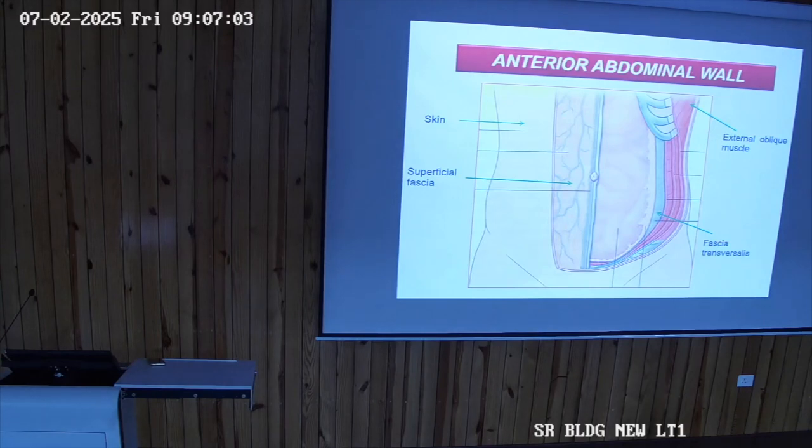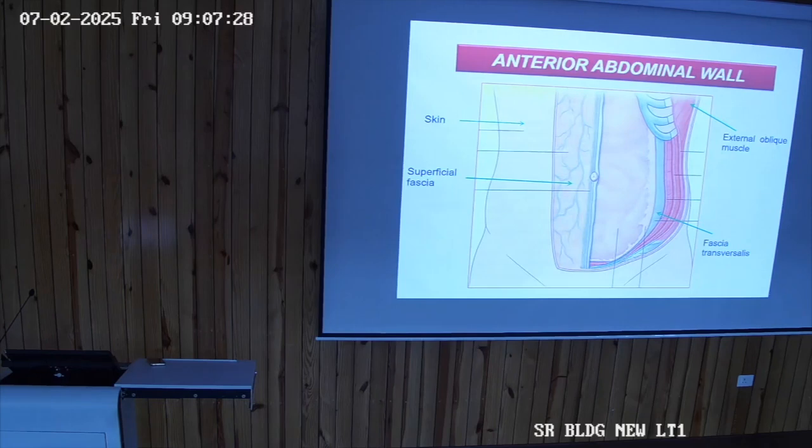So if these are the layers inside which a canal is formed, some of the layers will be forming the anterior wall and some of the layers will be forming the posterior wall of the canal. We have to just revisit which layers will be forming the anterior wall, and if we are saying it is a canal, then it will have two ends which will be open.